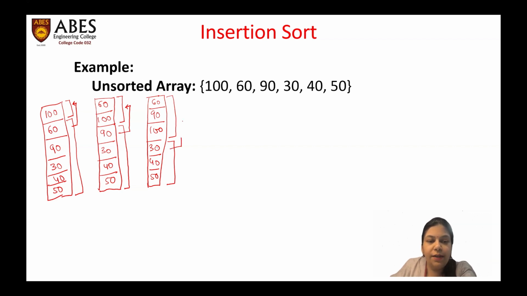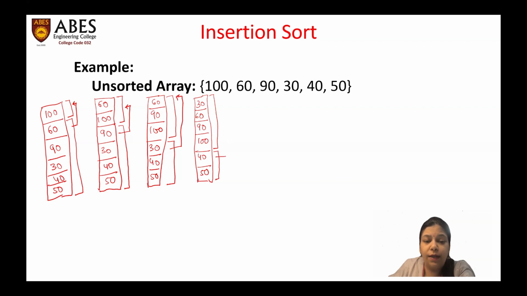Again, for the next iteration, we will take the next element, that is 30, and insert it at its appropriate position in the sorted array. So the array will look like 30, 60, 90, 100, 40, and 50. The first four elements are now the sorted array, and the last two elements are part of the unsorted array.